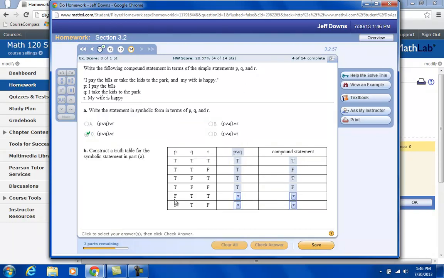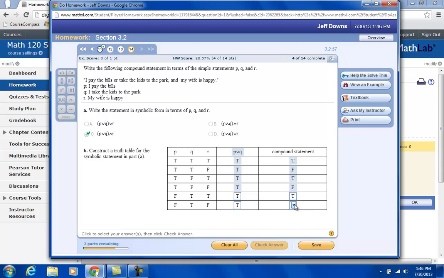Now we have false or true, so that's true. False or true, so that's true. Now the first part's true, the second part's true. True and true is true. First part's true, the second part's false.